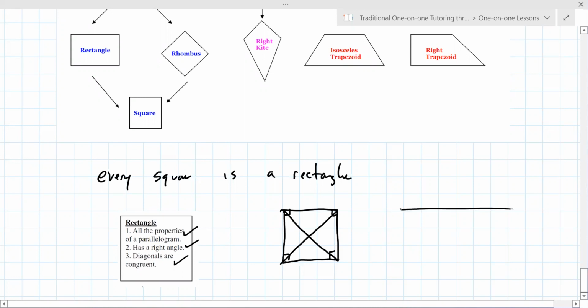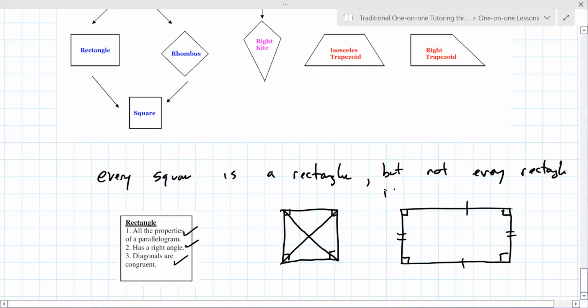The main difference here is that in a rectangle, the opposite sides are congruent, but they're not all congruent. So not every rectangle is a square, because it doesn't meet all the criteria.